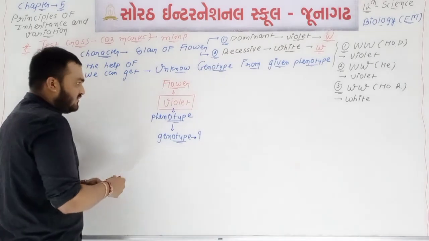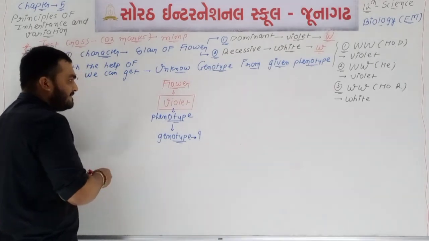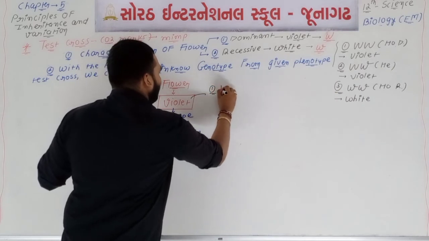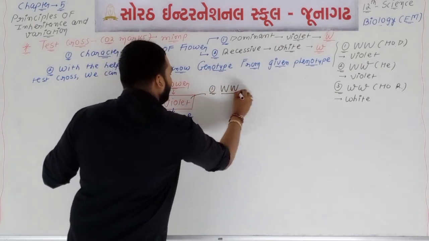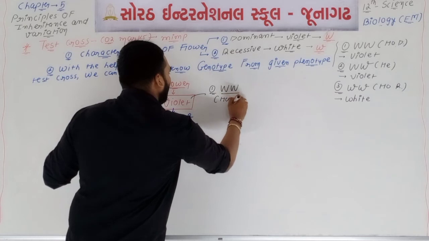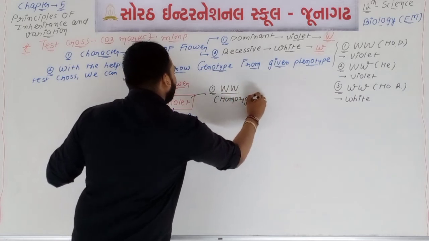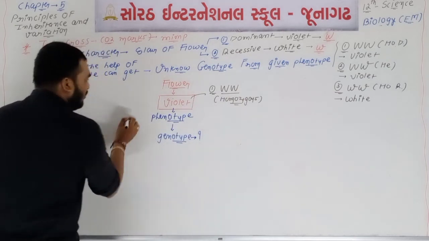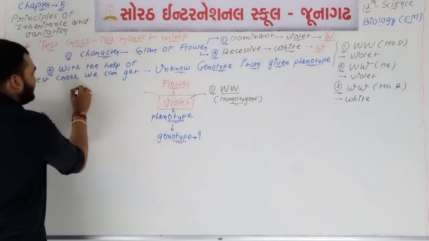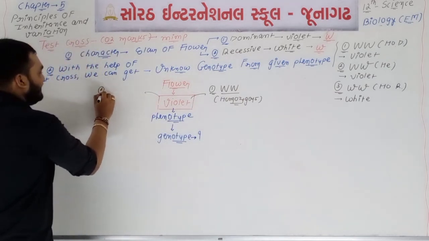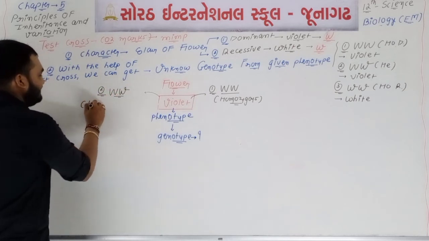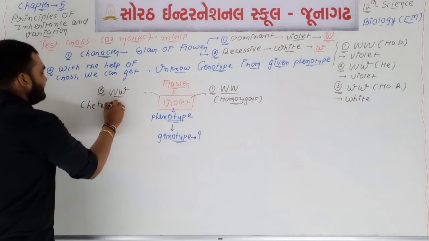It should be option number 1, capital W capital W, which means homozygous, or second option, capital W, small w, which is known as heterozygous.